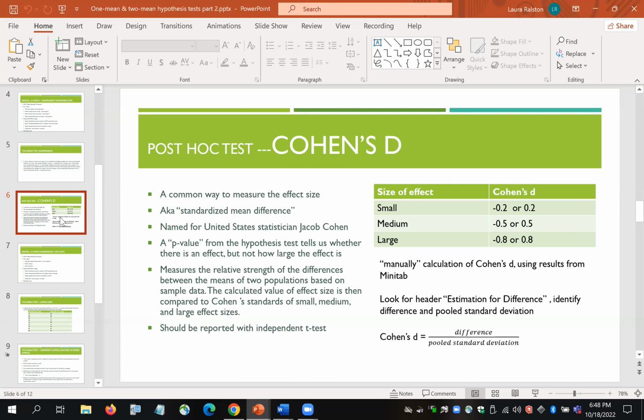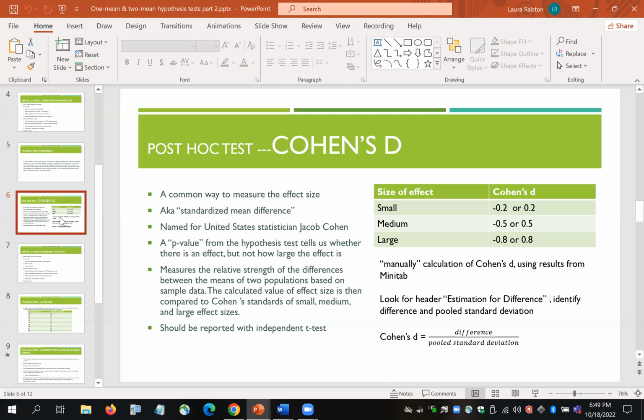The p-value that we've been using throughout this hypothesis testing process tells us whether there is an effect. In this case, is there a difference between the number of math classes taken by students at college A versus the ones taken at college B?